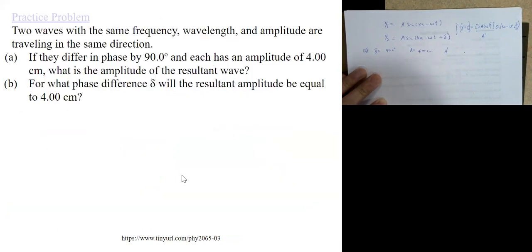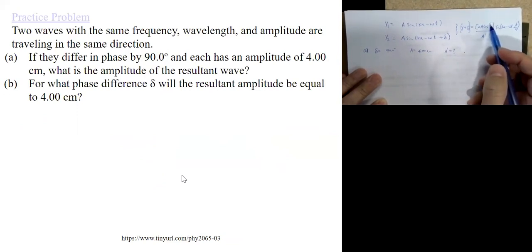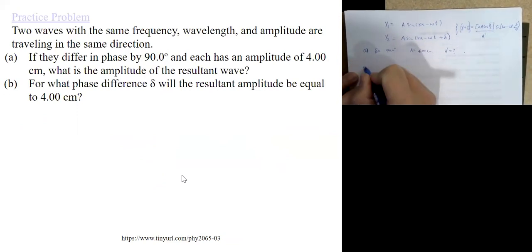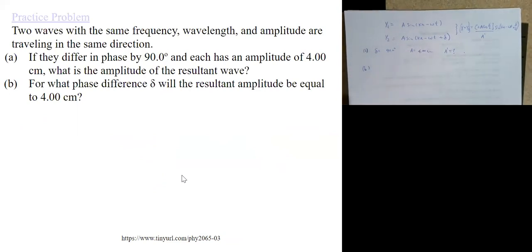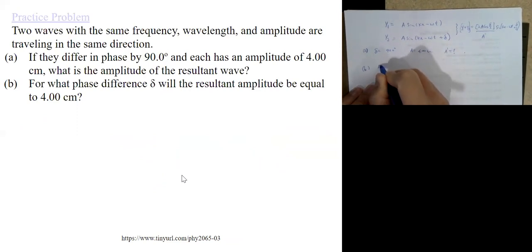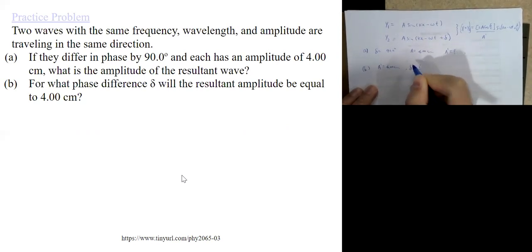So if you go back to the problem, it's asking you for this A prime. Now simply delta is equal to 90, you can calculate that. And part B is asking for what phase difference delta. So now it's asking if A prime is equal to 4.00 centimeters, then what would that be?